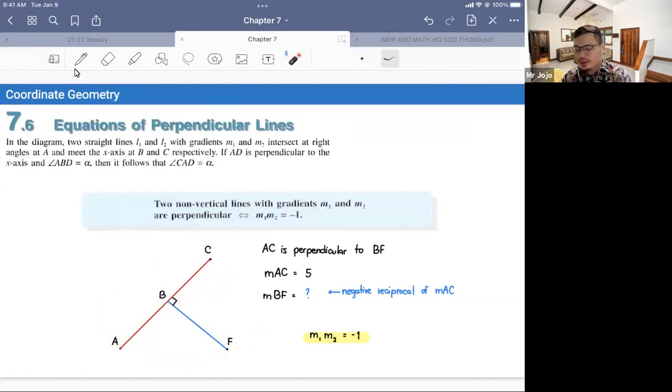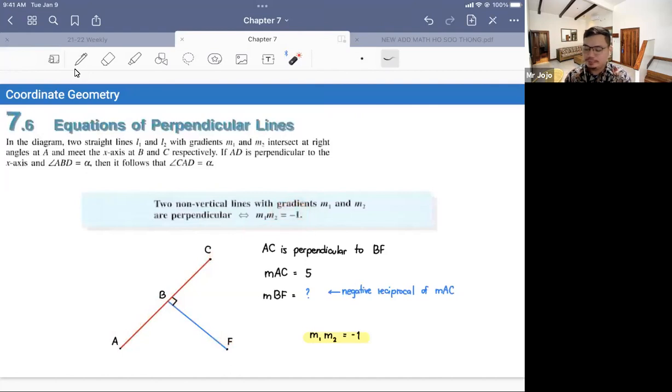By definition, when you multiply the gradients of two perpendicular lines, the gradient of AC and the gradient of line BF, the product will be equal to -1. That is true for all perpendicular lines.